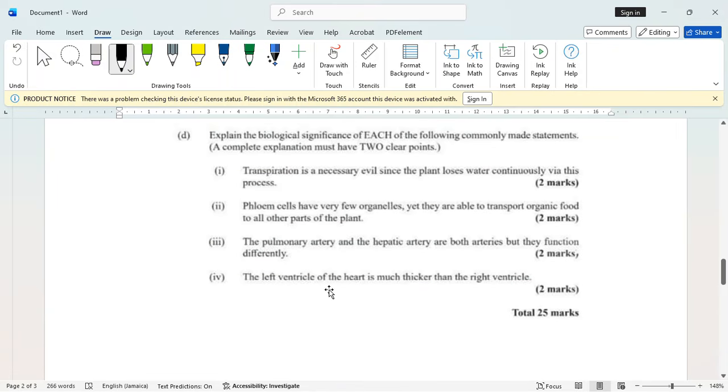It says the left ventricle of the heart is much thicker than the right ventricle. That's what we're talking about, the thickness.